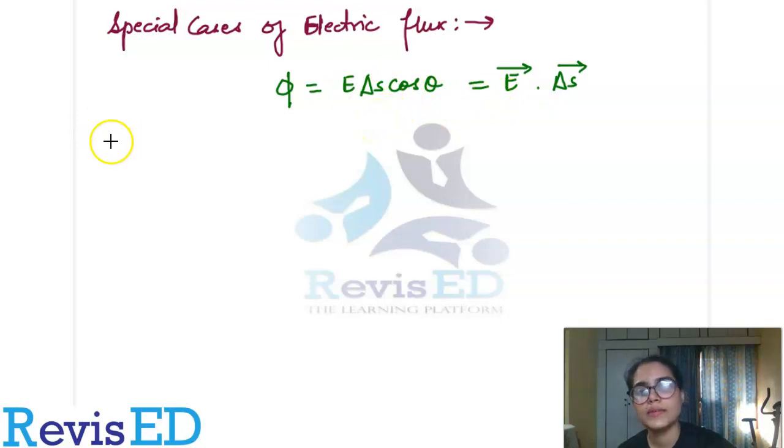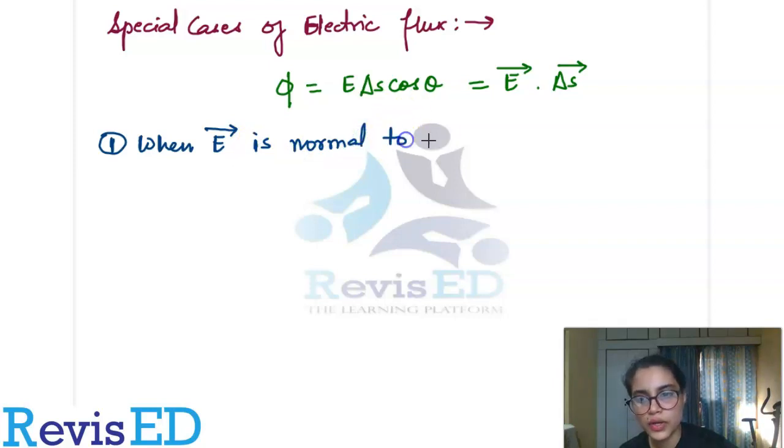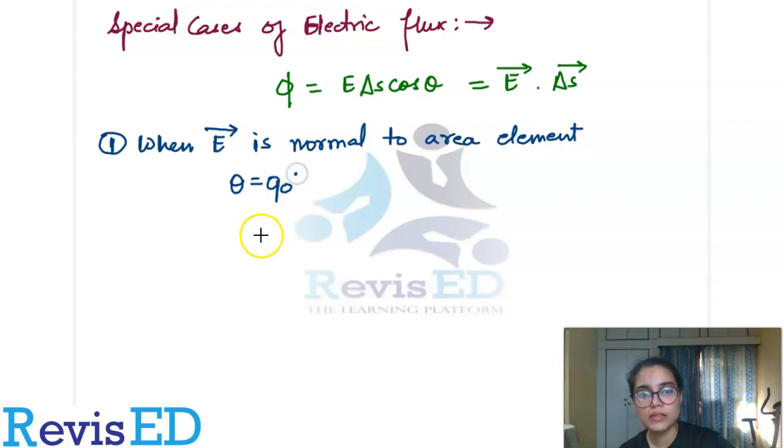So we have the very first case. When your electric field is normal to the area element, what is happening? At that time, your theta value is 90 degrees, because it is normal to the area element.